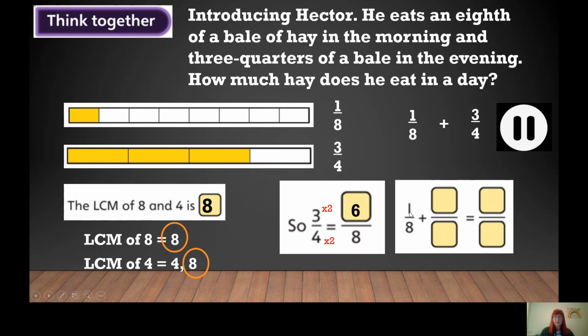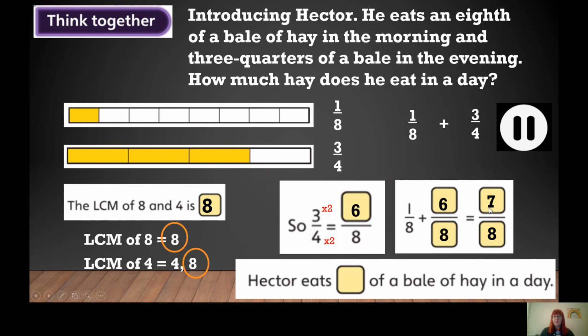So we don't need to convert that any further. So 1/8 plus the converted 3/4, which is 6/8, will now give us a total of 7/8, because 1/8 plus 6/8 is 7/8. So therefore, Hector eats 7/8 of a bale of hay in a day. Oh, hungry Hector, eh?